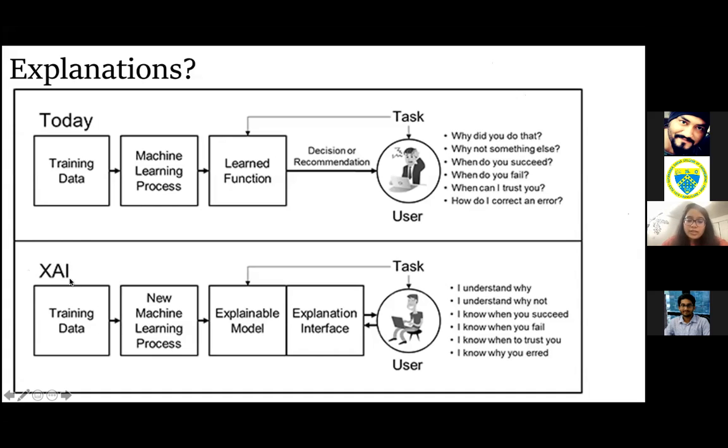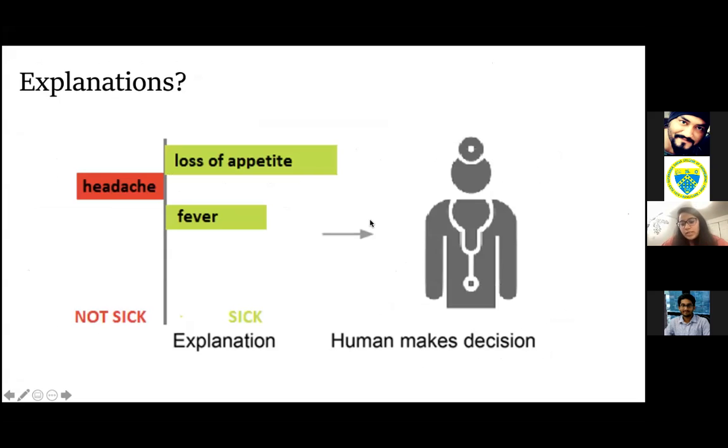So currently there is work going on in explainable AI, where you not only make predictions but also make explanations. You predict, and you tell why you are making a particular prediction. For instance, if you have an algorithm which says a person is sick versus not sick, you can probably show the symptoms that led to those predictions.